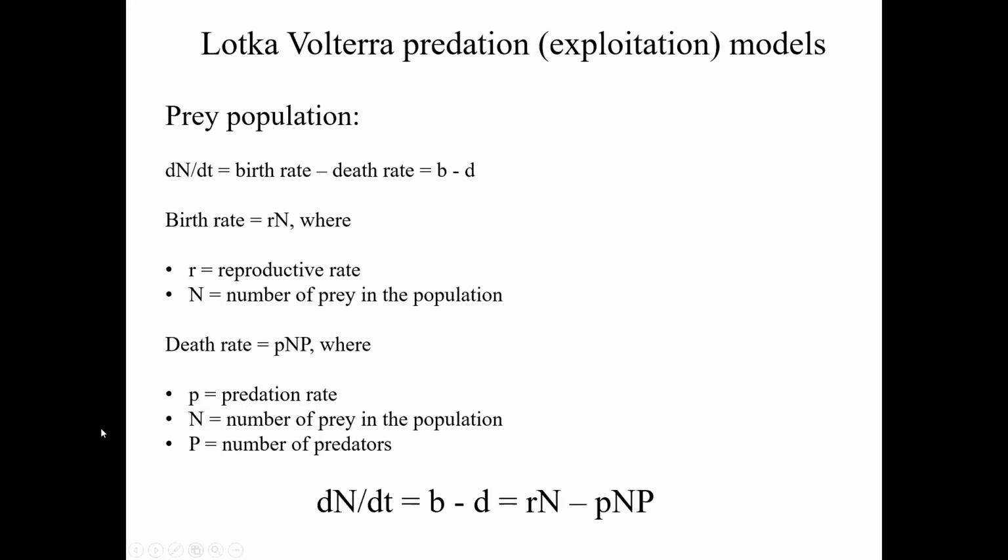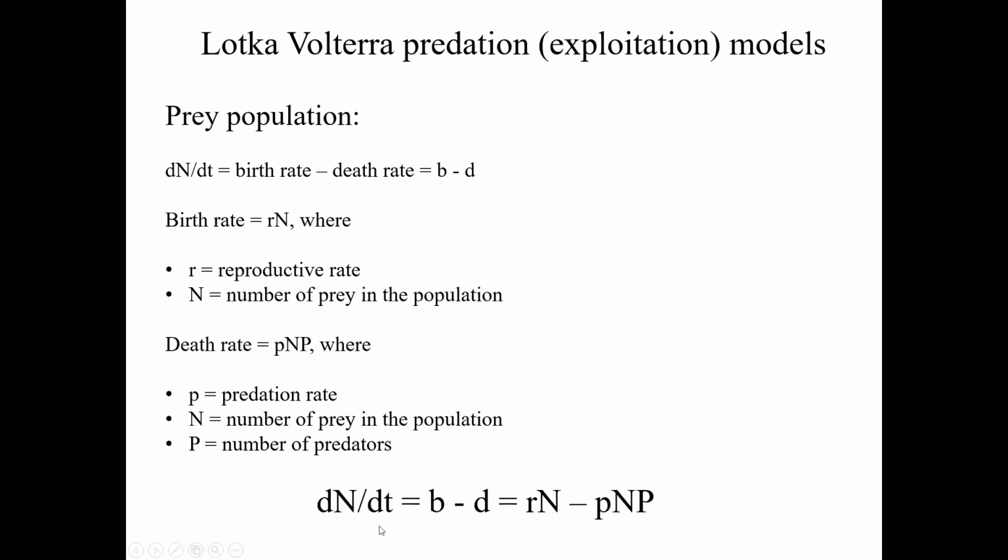And here's the number of prey in the population, and here's the number of predators. So if each prey has little p probability of being killed by a predator, and there are P predators, then the death rate for the population is the number of individuals in the population times the rate at which they're killed by predators times the number of predators. Little p times N times P.